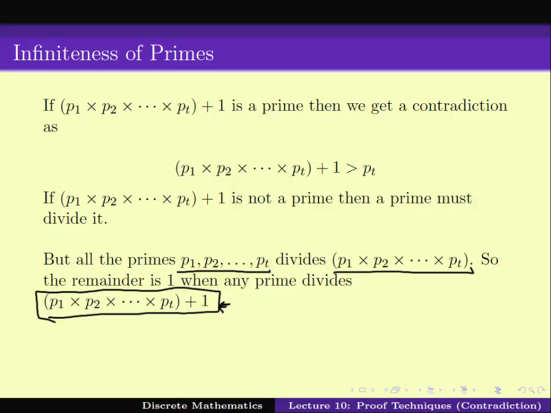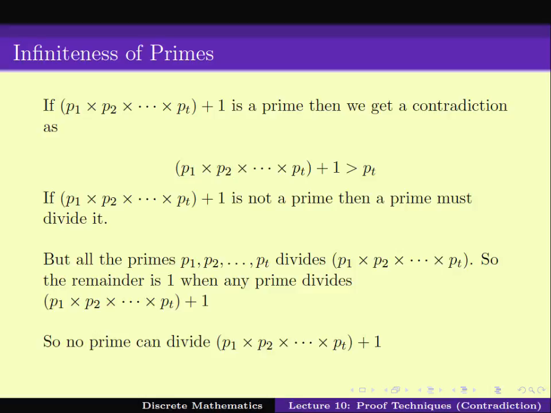So this number is not divisible by any of the old primes P1 to PT. What does it mean? It means that this number has to be a prime. Since no prime can divide this number, hence this one is a prime.